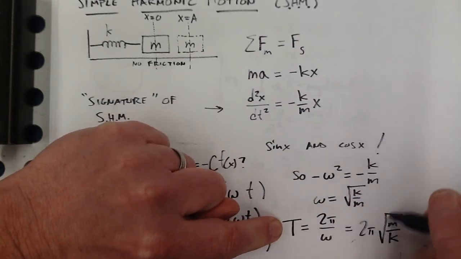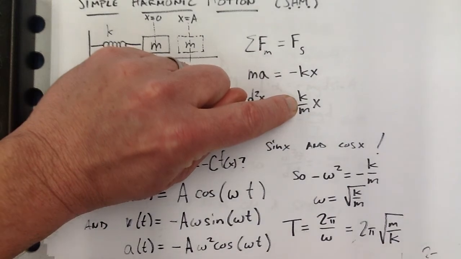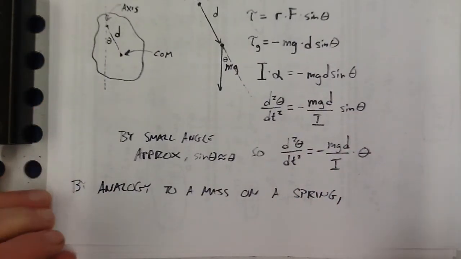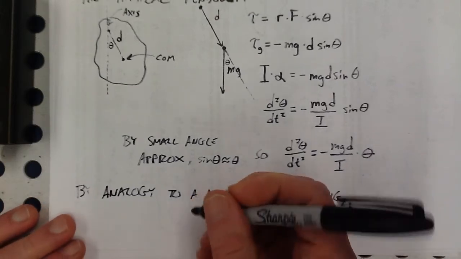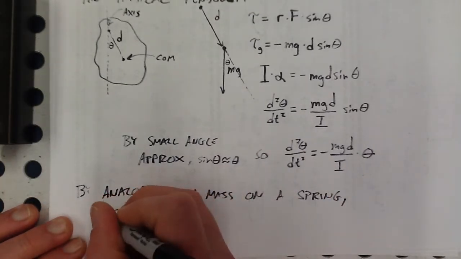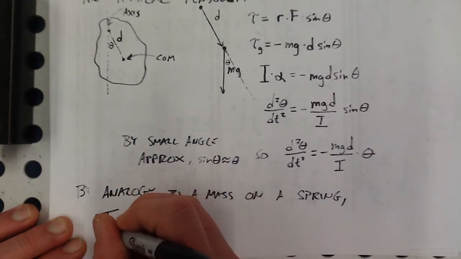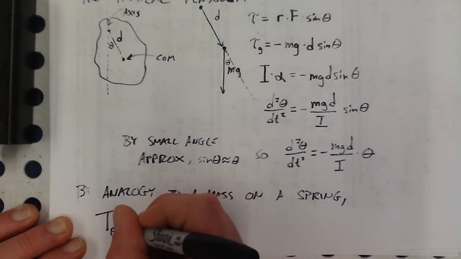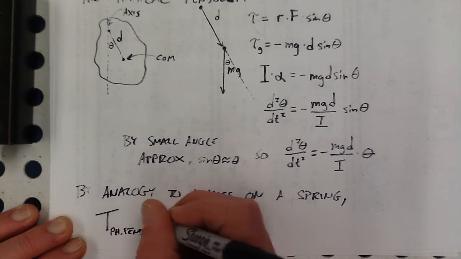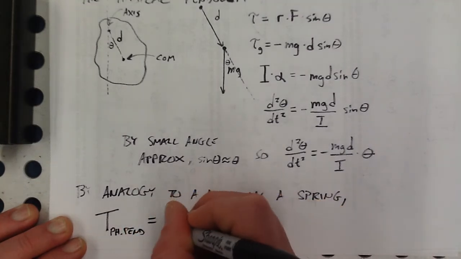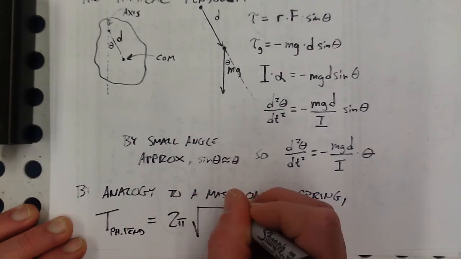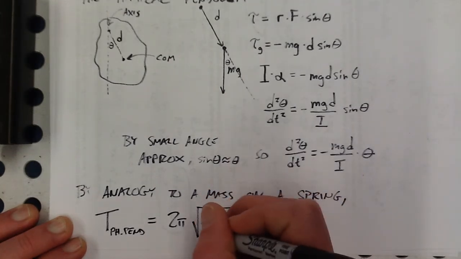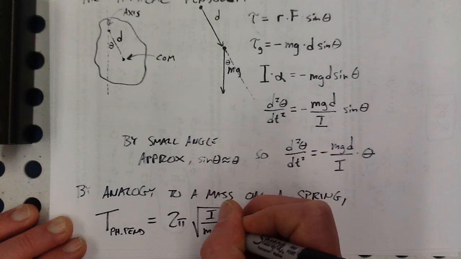Period equals 2 pi times the square root of m over k. There's the k over m. So you can say here, by analogy to mass on a spring, the period of a physical pendulum is equal to 2 pi times the square root of I, its rotational inertia, over mgd.